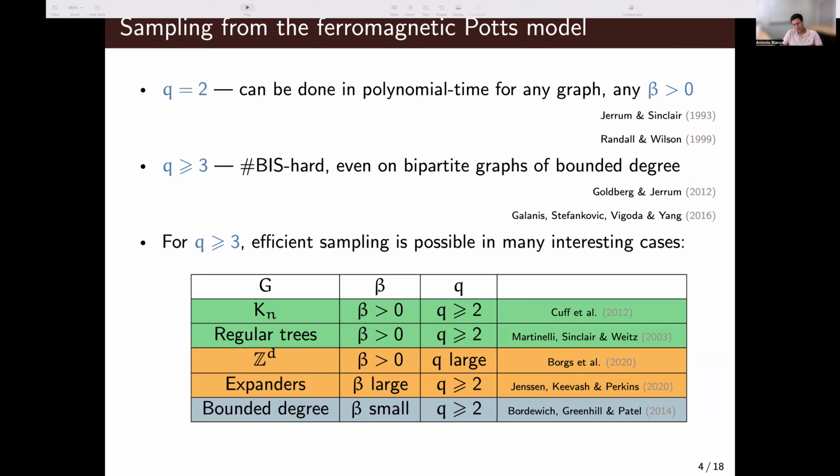Now, but even in other graphs that are also highly structured, but maybe not so much as the complete graph or trees, we see that the sampling picture is not complete, but there has been some progress.